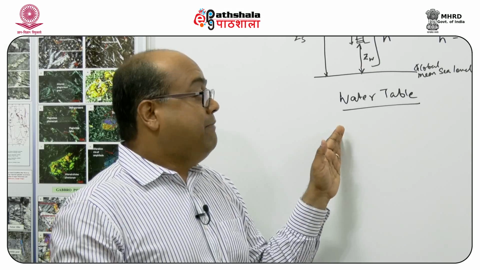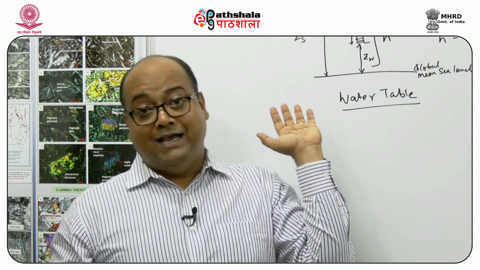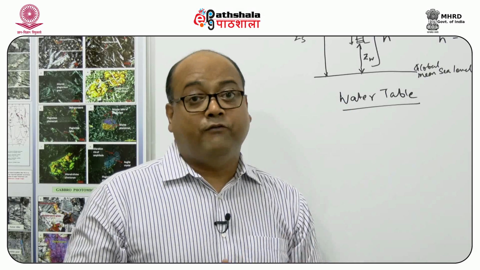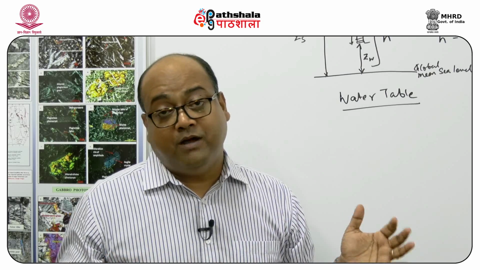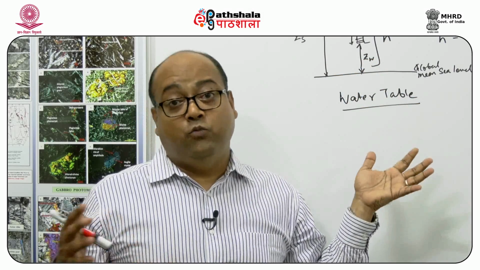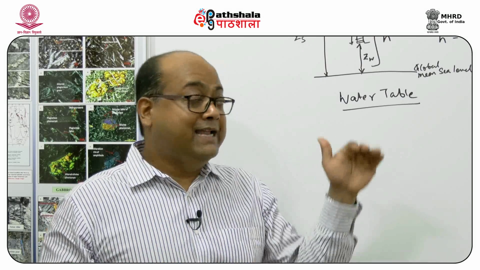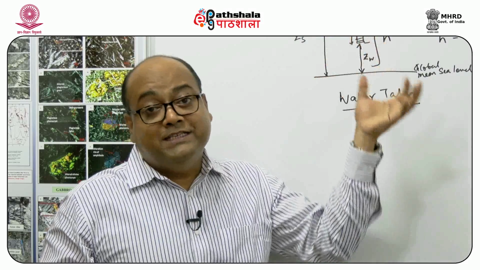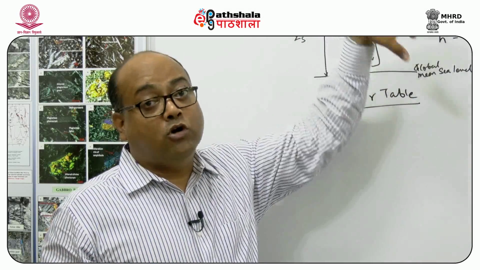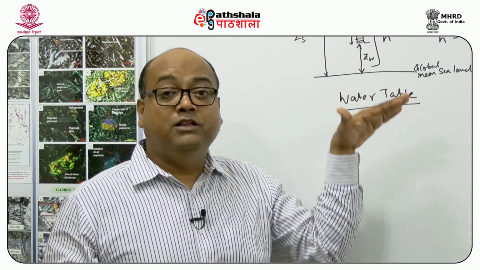This is a very common term used to define the status of groundwater. Often we see that during the summer months the water table goes down, and during the monsoon months the water table goes up. What it says is that when water is being extracted at a rate more than the water infiltrating into the ground, the water table goes down.